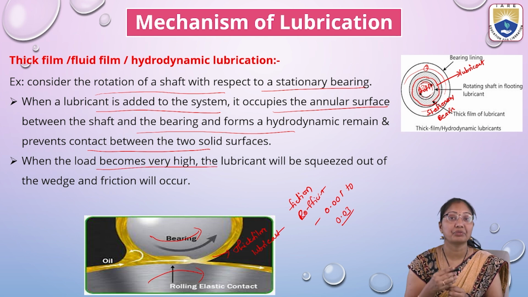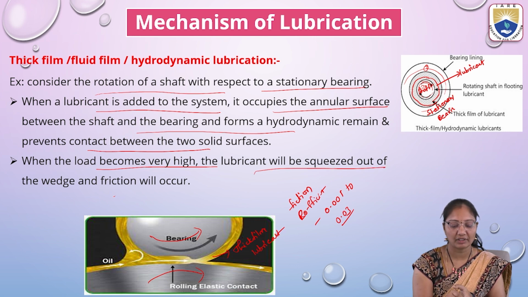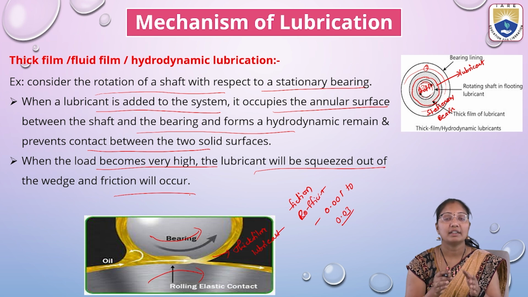We know this should be carried out at very low load, but when the load becomes very high, the lubricant will be squeezed out of the wedge and friction will occur. That's why this thick film has to be used at low load and high speed.